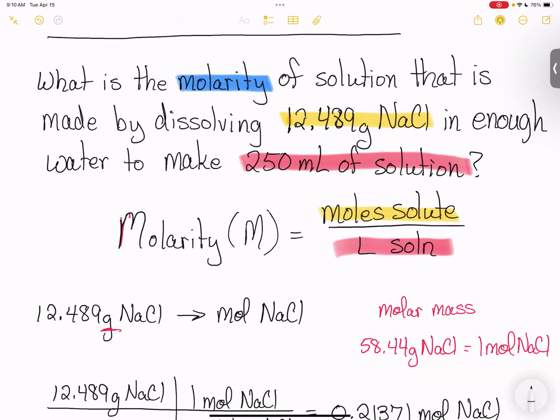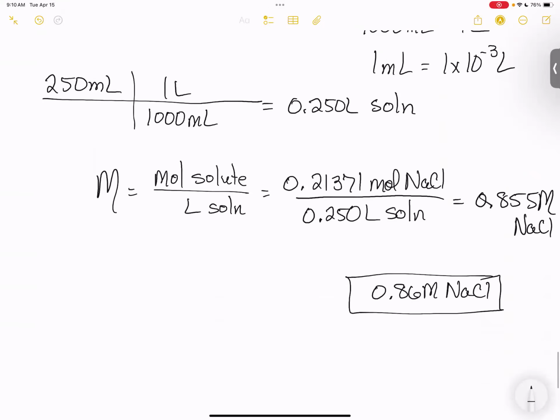So very rarely do I pay attention to significant digits with respect to molar mass, because it's really periodic table dependent. So my significant digits came from my original values in the problem. This one had 5 significant digits, this one only had 2. Therefore, I used the 2. And that's where that 0.86 molar came from.